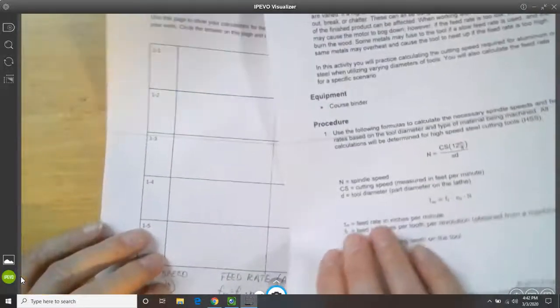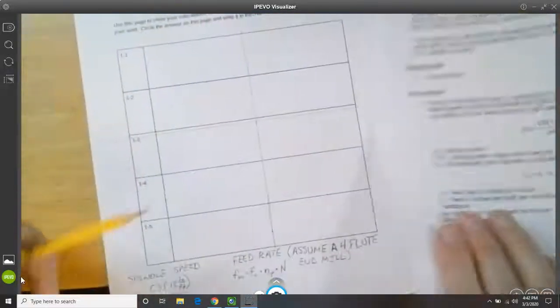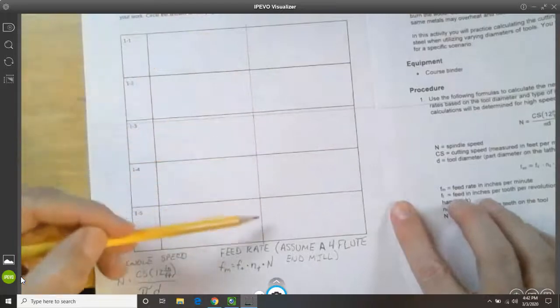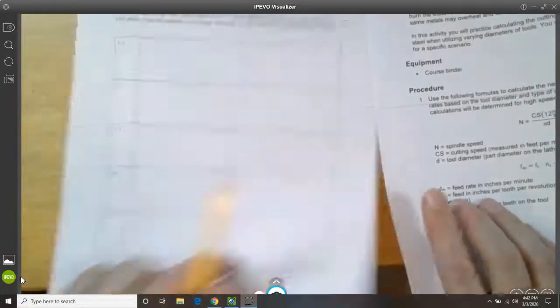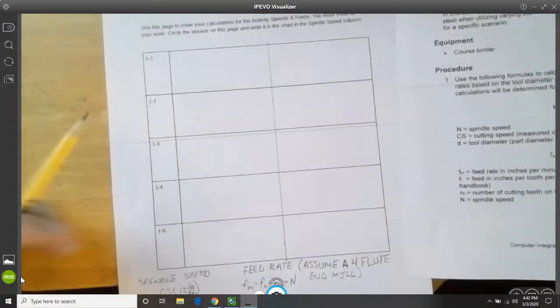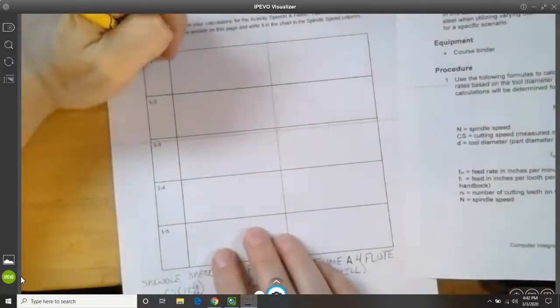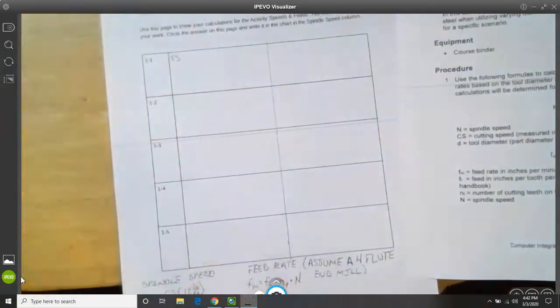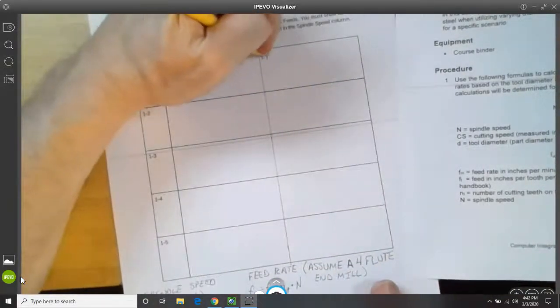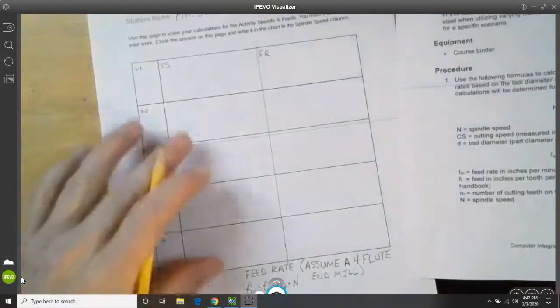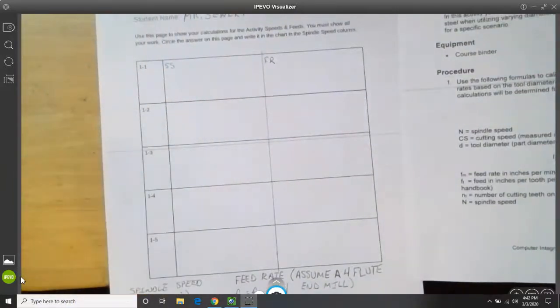The other thing I did is I drew a line down through the middle of the box, on both sides of the paper. The reason is that we're going to calculate spindle speed on this side, and feed rate on this side for each of the problems. So each problem has 2 answers.